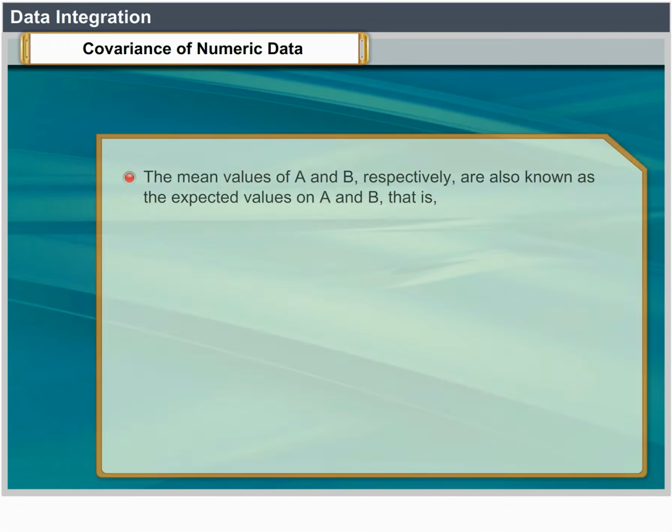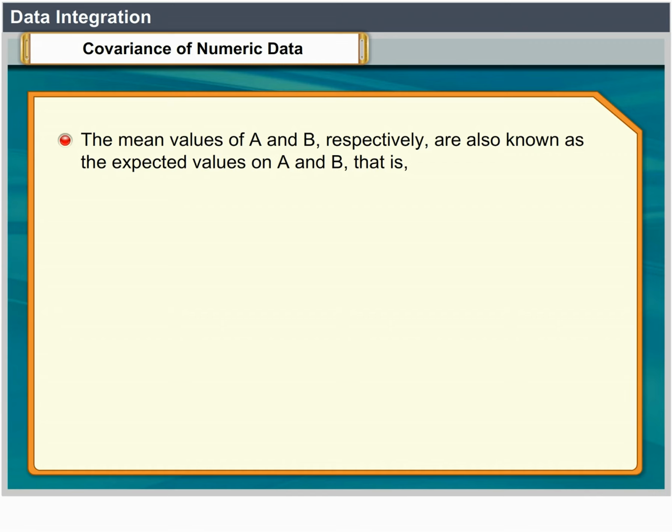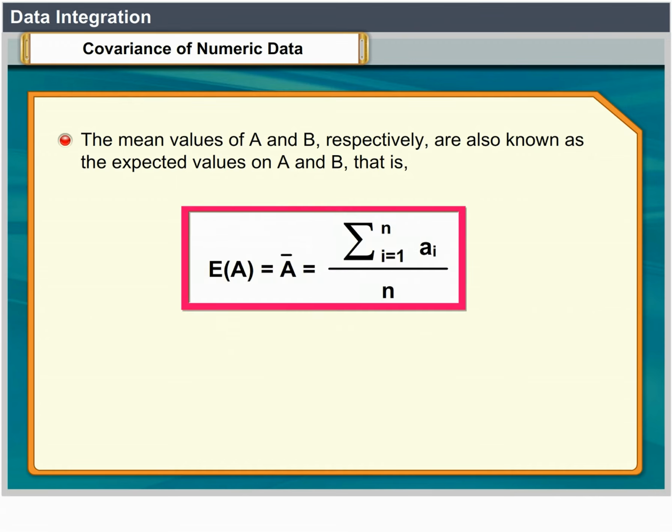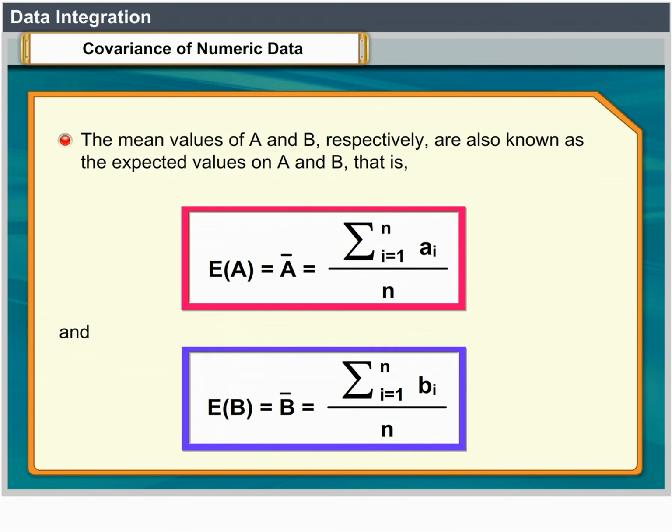The mean values of A and B, respectively, are also known as the expected values of A and B, that is, E(A) equals A bar equals the sum from i equals 1 to n of ai divided by n, and E(B) equals B bar equals the sum from i equals 1 to n of bi divided by n.